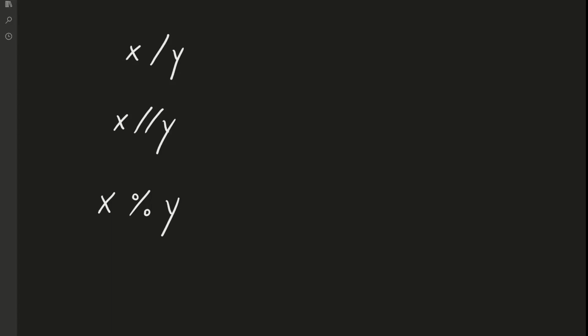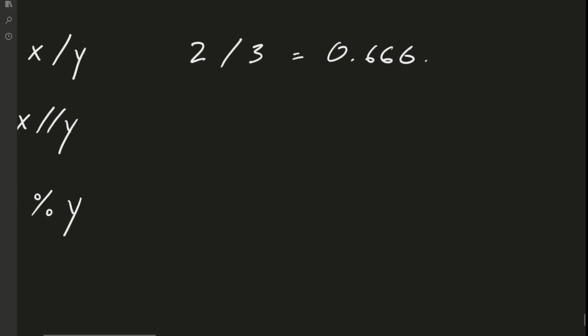So let's do a couple operations. First, we'll do 2 divided by 3. What is this going to be? Python is going to return to us the result of 0.666 repeating.